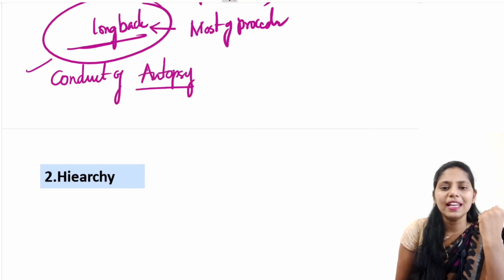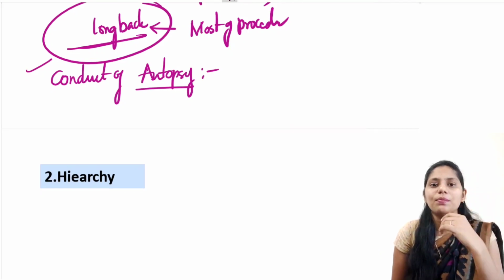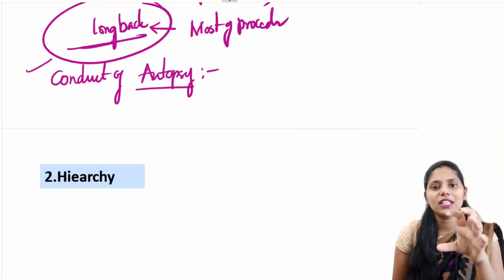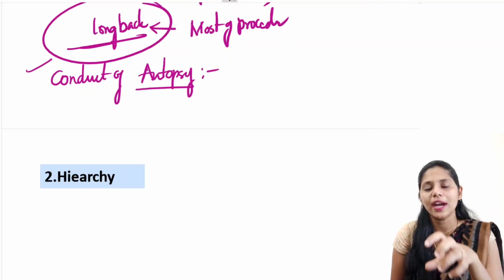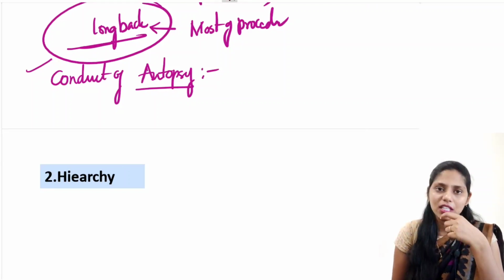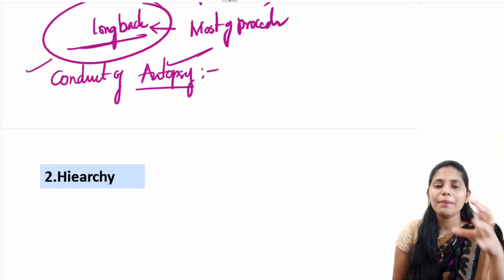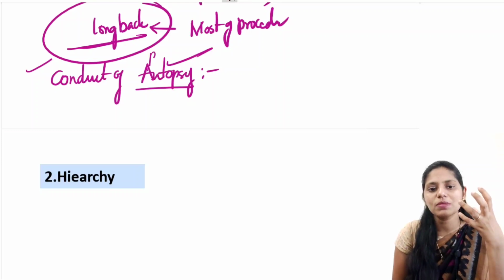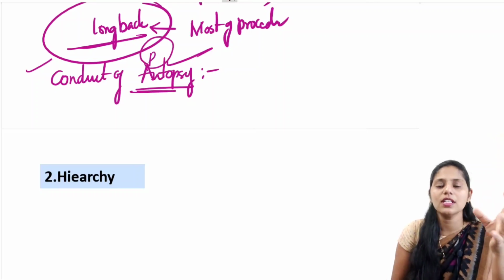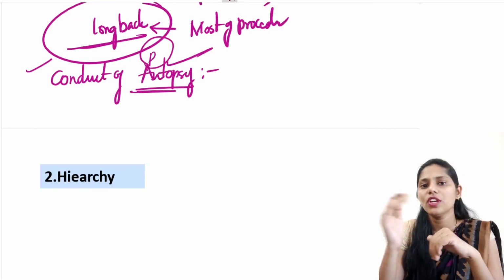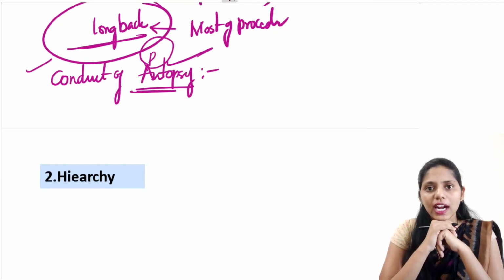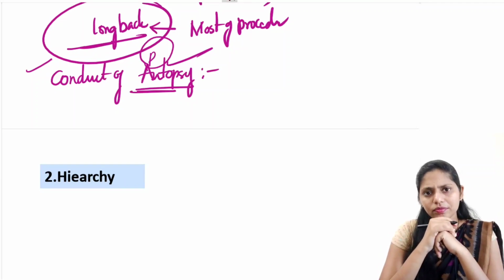In normal layman terms, it is like a post-mortem. After the death, we go for the post-mortem to identify the reason behind the death of the person. Earlier, one procedure was laid down regarding autopsy: after sunset, we should not conduct the autopsy.